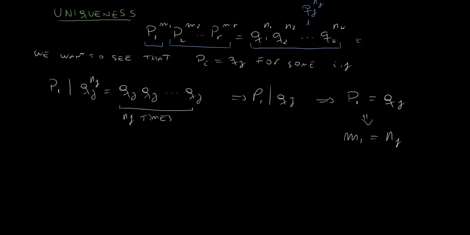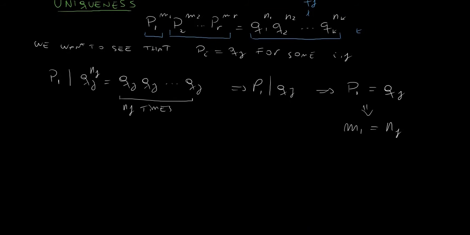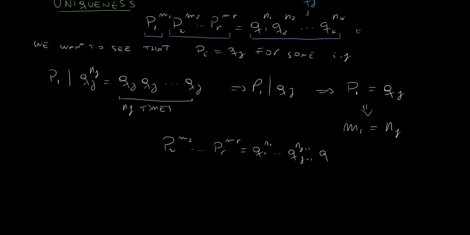So what we can do is just divide on both sides by p1 to the power m1, and we'll get that p2 to the power m2 times so on pr to the power mr is equal to q1 to the power n1 and so on, the product until qj minus 1 to the power nj minus 1 times qj plus 1 to the power nj plus 1 and so on.